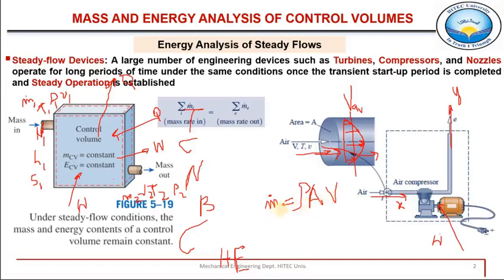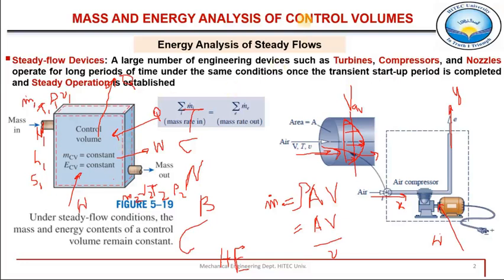So from here we can find m dot using this one-dimensional flow assumption. Or in other words, we can also write it as area times velocity divided by specific volume, since rho is equal to 1 over v. That is another approximation which is normally used in the study of these steady flow devices or control volumes.